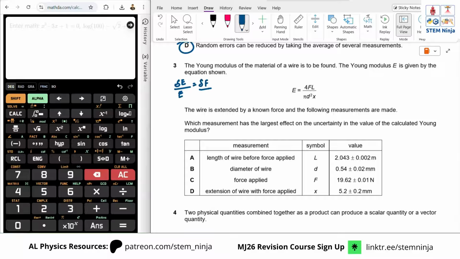So you have the fractional or the percentage uncertainty in the force, then you have it for the L, then for the D you have it twice, and for the X. So basically we need to figure out what's the percentage uncertainty for all of them.